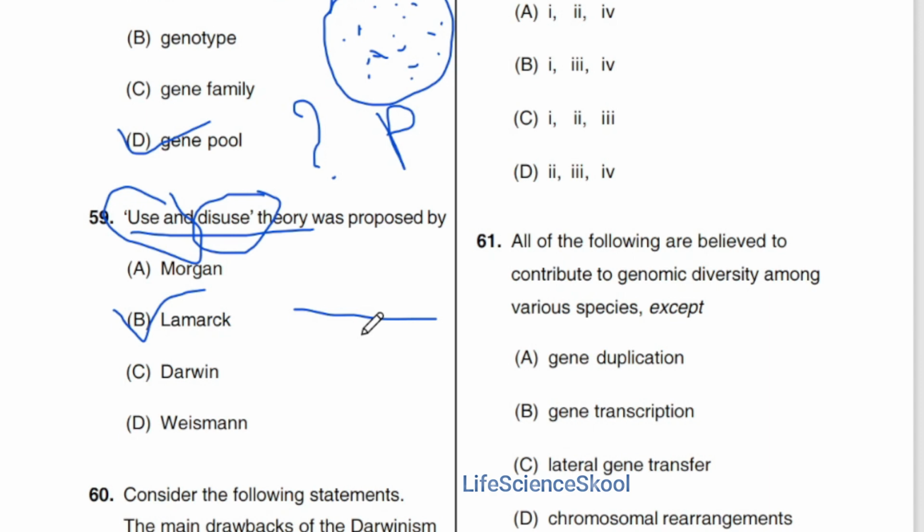Two-part mechanism by which change was gradually introduced into the species, and those are passed down through the generations. Means those gradually changed characters in the species will be passed on to the next generation. This theory is called theory of transformation, or you can say just Lamarckism. Correct answer for this is option B.